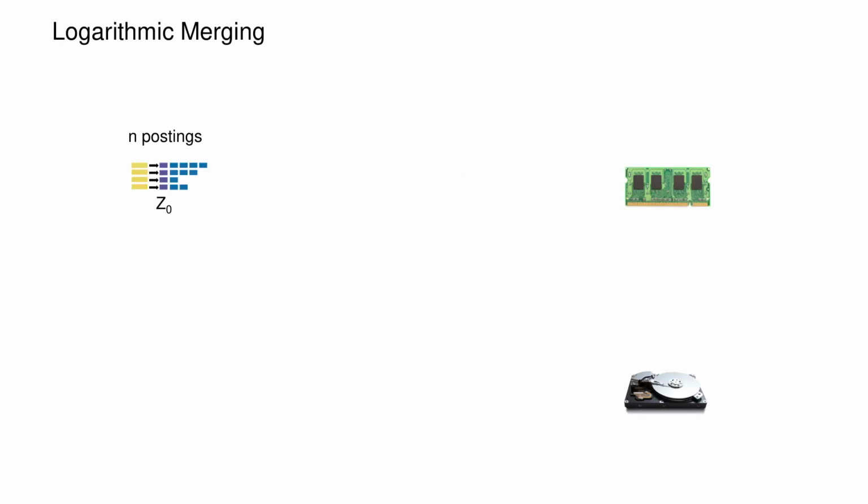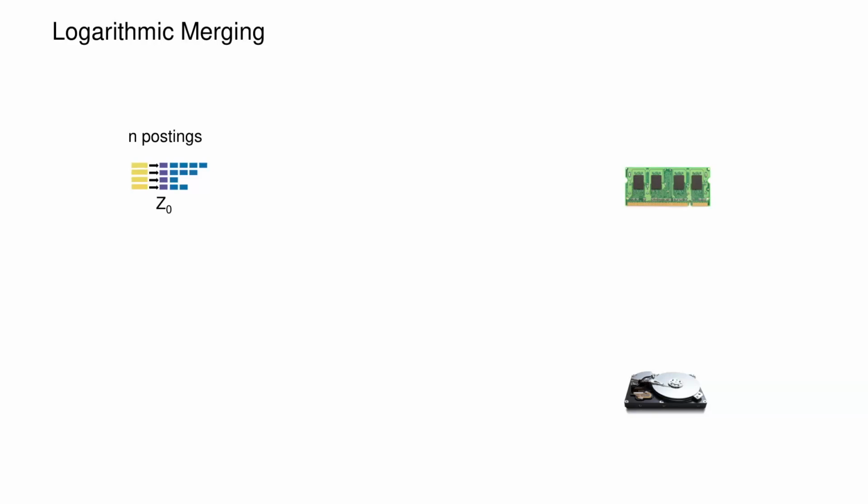And so here's the idea of LSM trees, or logarithmic merging. Let's say I start from scratch, absolutely no data, empty index, and I start gathering some incoming postings that arrive from people who start to create web pages. Let's say it's in 1989 or 1990.